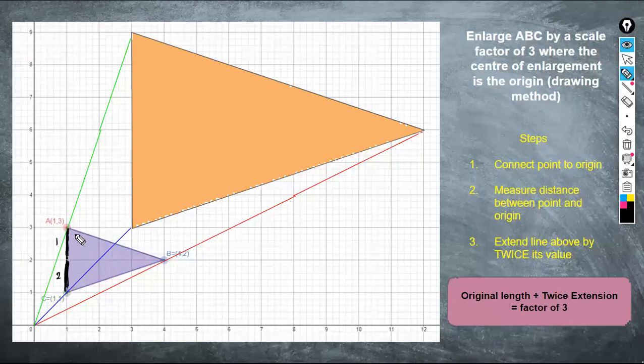The new side, how many blocks is it? 1, 2, 3, 4, 5, 6. It didn't get 3 times larger? Isn't 6 three times larger than 2? So you just need to test run one of the sides, and show and prove to yourself that, hey, the sides did get 3 times longer.